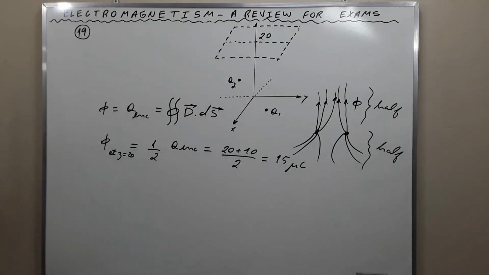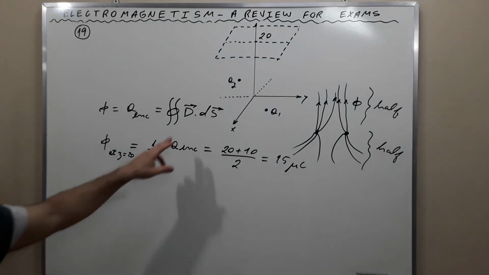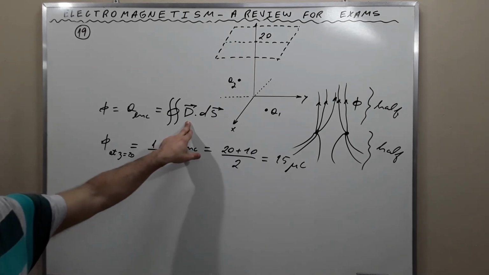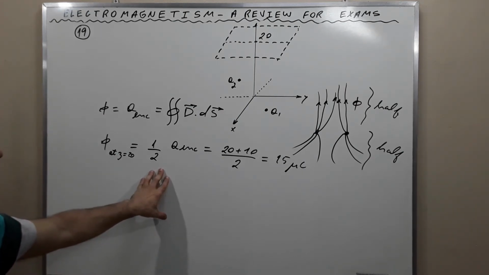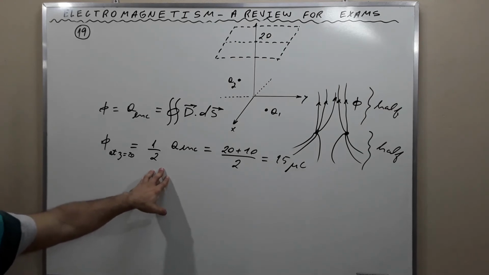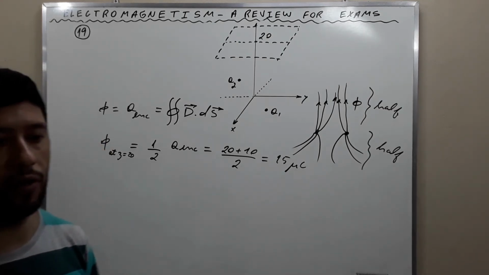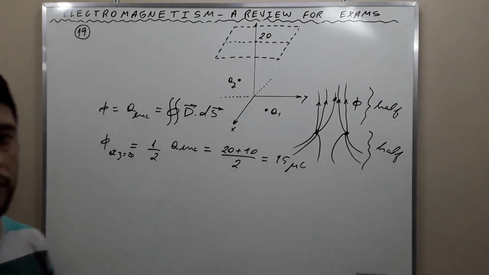Okay, a very simple exercise. This may scare you because this is a surface integral, but if you understand the concept, you can simply calculate it using this expression and find 15 nanocoulombs as the flux.